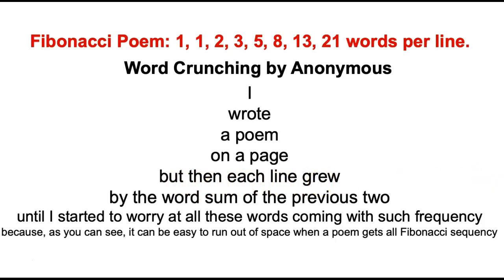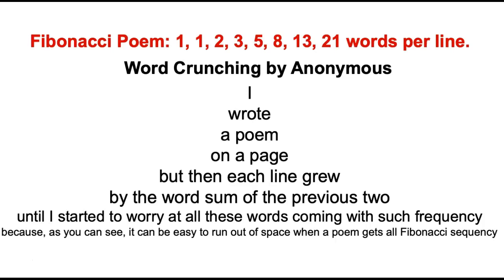The poem continues in this way and says, by the word sum of the previous 2, until I started to worry at all these words coming with such frequency, because as you can see, it can be easy to run out of space when a poem gets all Fibonacci sequency.